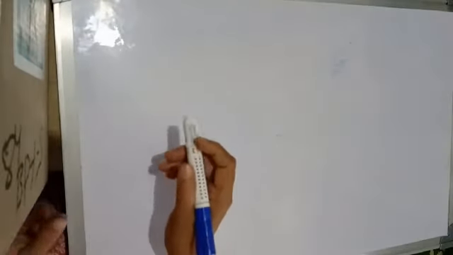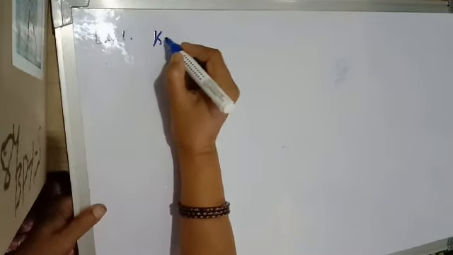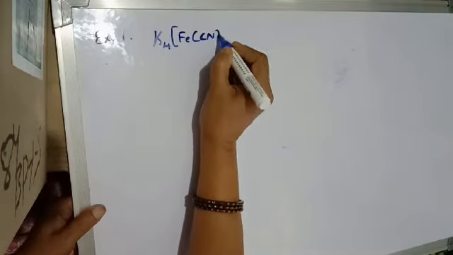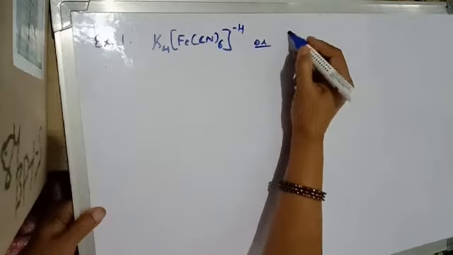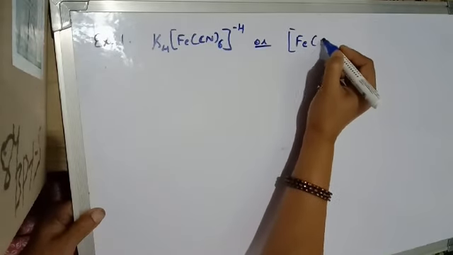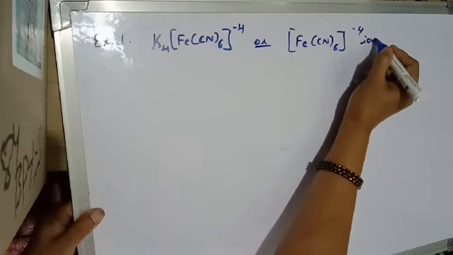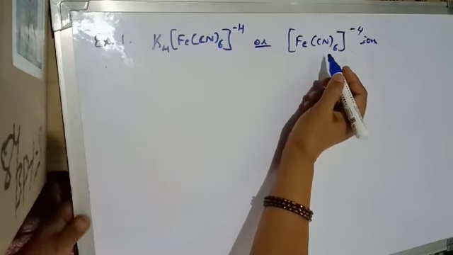The first example is K4[Fe(CN)6], or the complex ion [Fe(CN)6]4-. Sometimes they may ask like this, or they may ask about the complex ion.